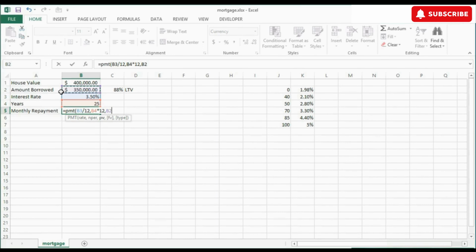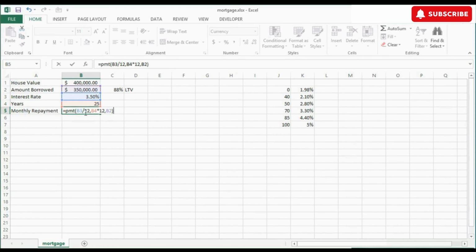The next two parameters are optional and we don't need them. The future value is where do we want to get to? Well, we want to get to 0, but that's the default. And then the type just controls whether the interest is charged at the beginning or the end of the period. So the beginning or the end of the month. The default is the beginning, and really over a 25-year period, it will make a difference, but not a massive amount of difference. So this is our function, close brackets.